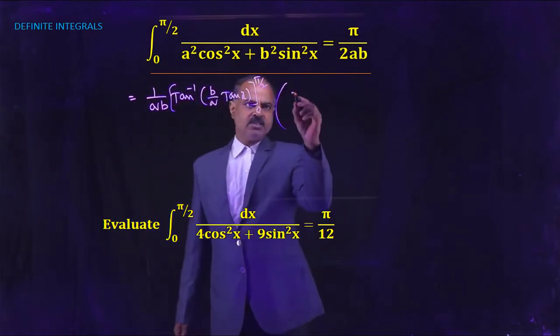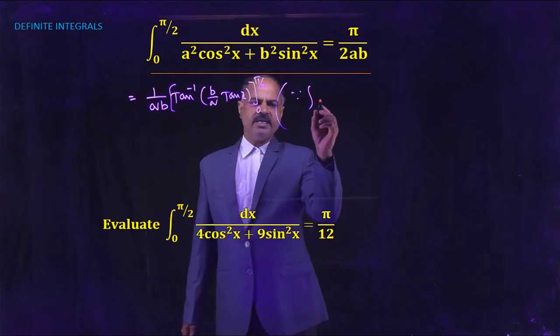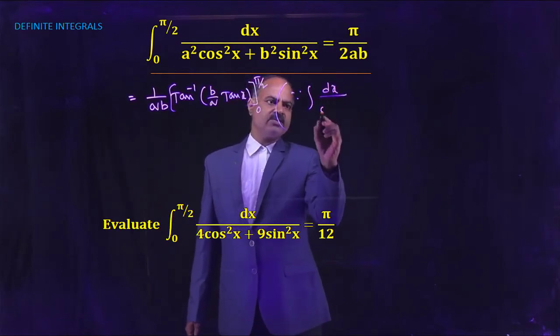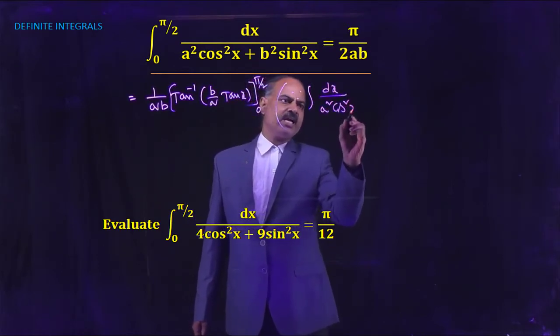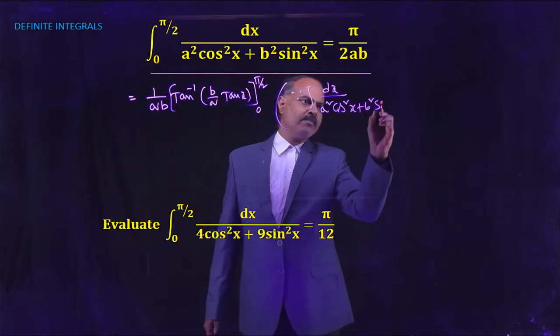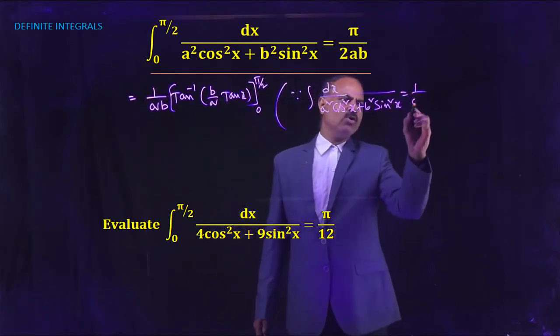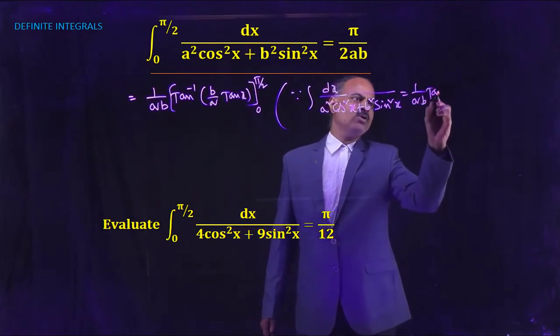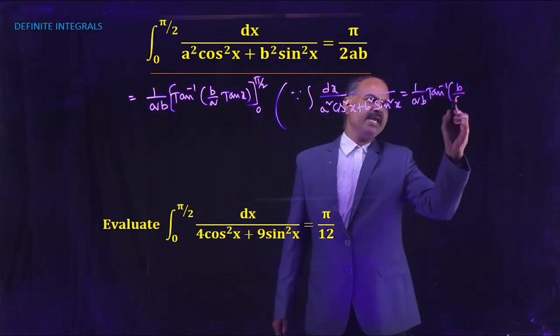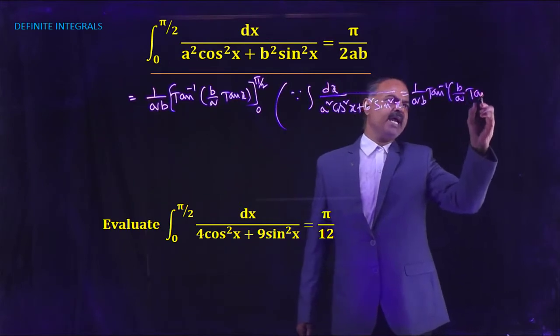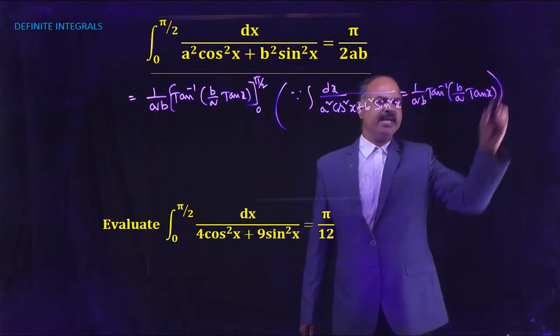Since integral dx by a square cos square x plus b square sin square x equal to 1 by ab into tan inverse (b by a tan x).